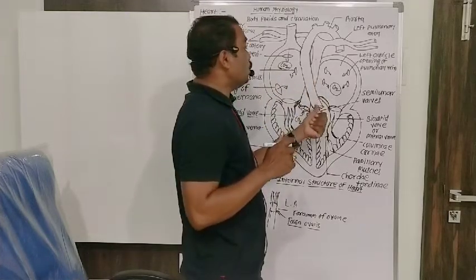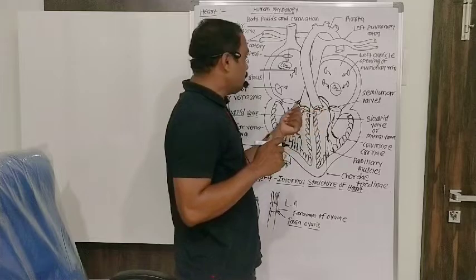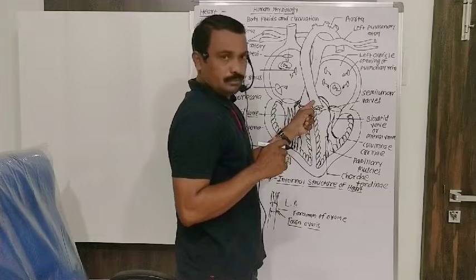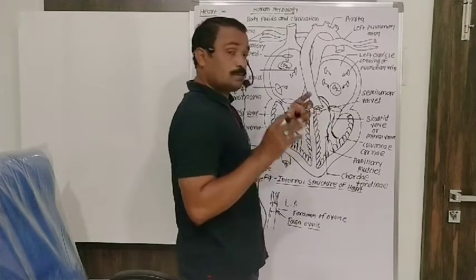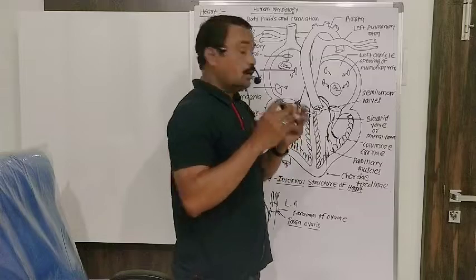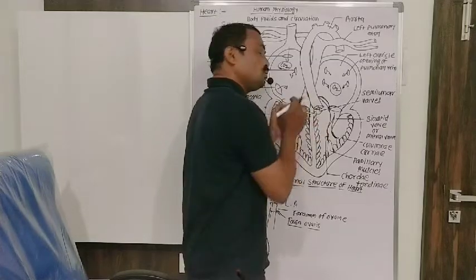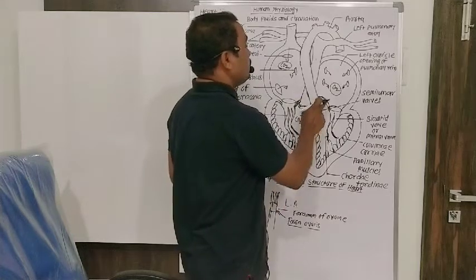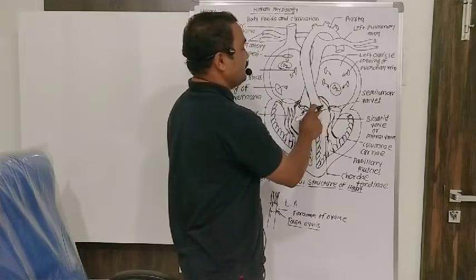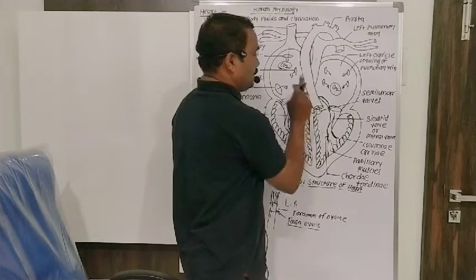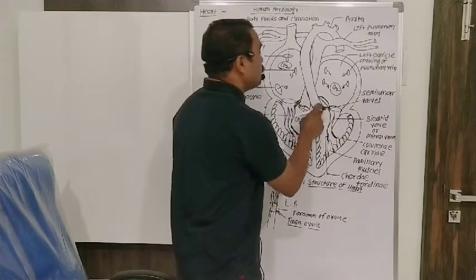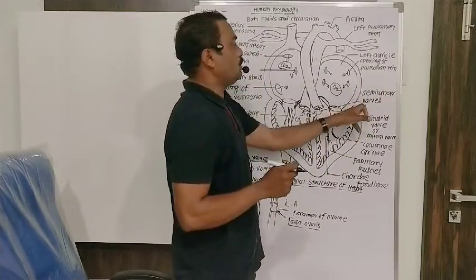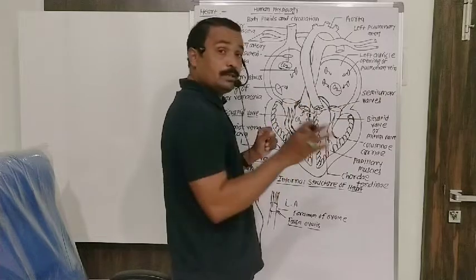Half-moon-like valves are present on the opening of the pulmonary artery and the opening of the aorta. These valves are useful to prevent backward flow of blood whenever blood from the ventricles enters into the pulmonary artery and aorta. From the left ventricle, the greatest artery opens, called the aorta. The opening of the aorta is also guarded by semilunar valves, which prevent backward flow of blood.